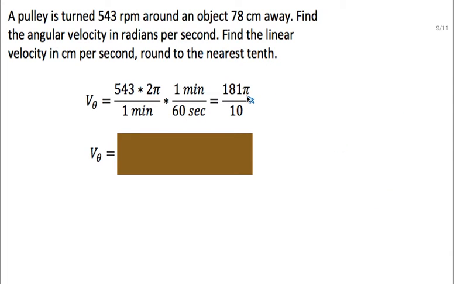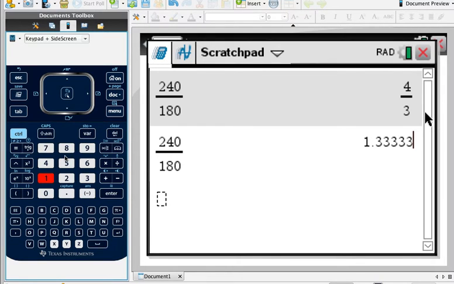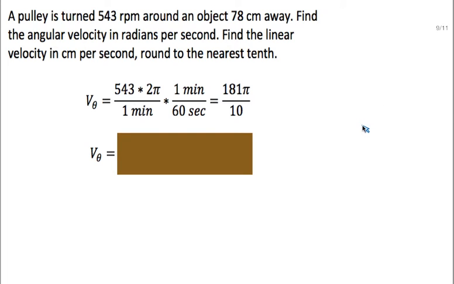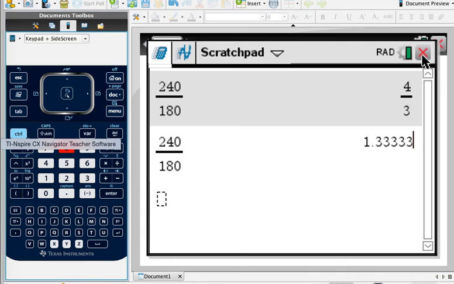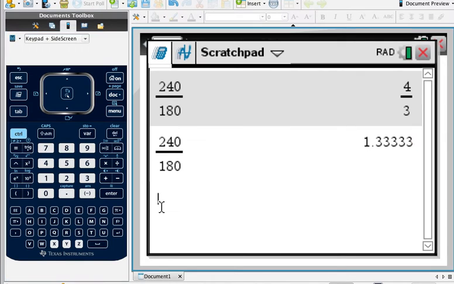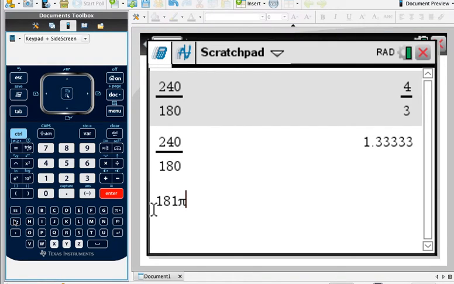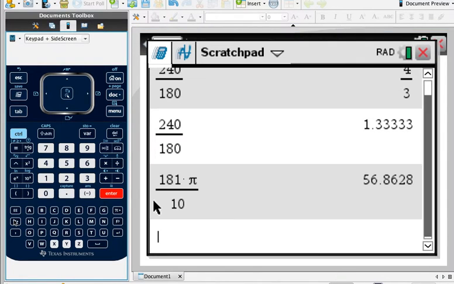Okay, and then if it's a multiple choice test, and I have no idea what the rounded answer is, let me see. 181 times pi divided by 10. Let's plug it in.